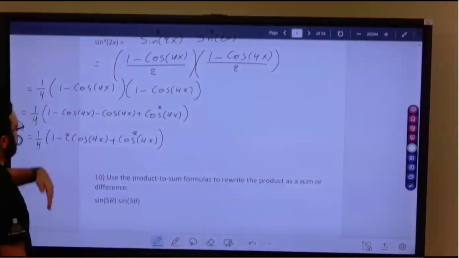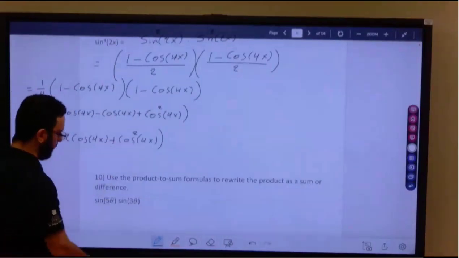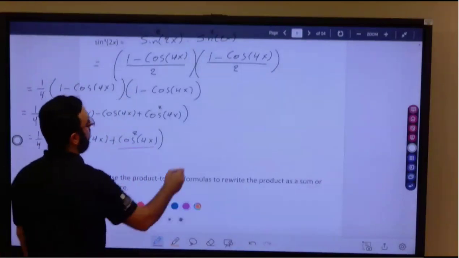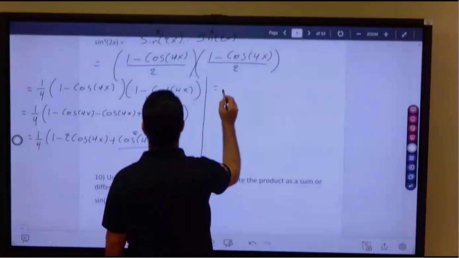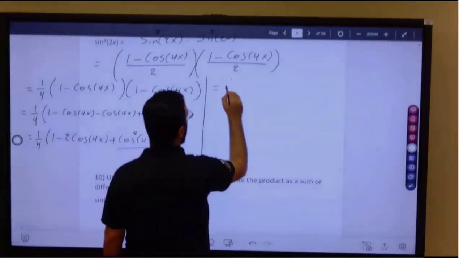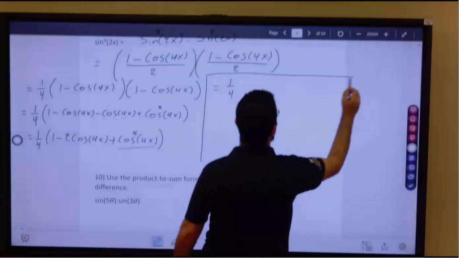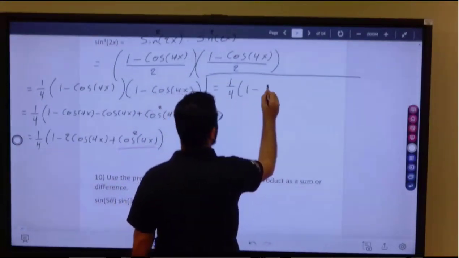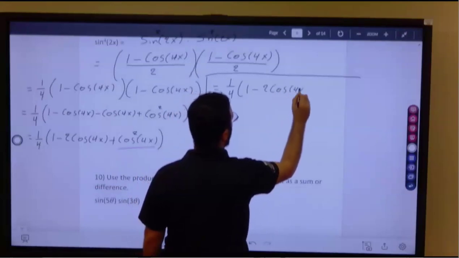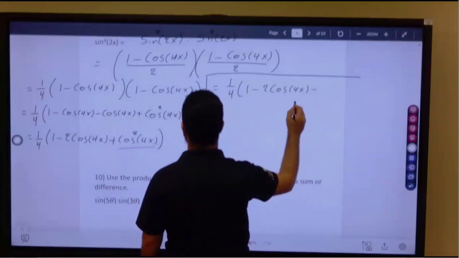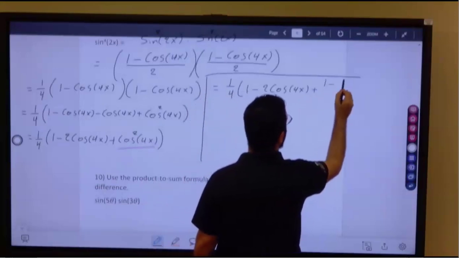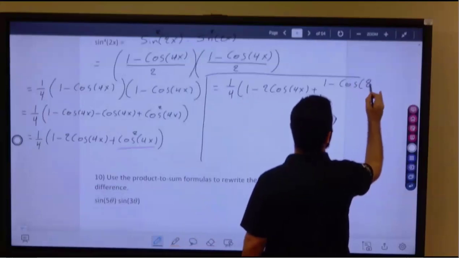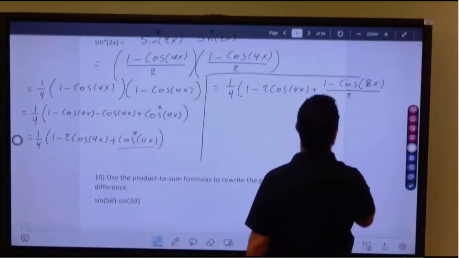And now we have to use the power formula again on this part. So it's going to be equal to 1 over 4, and here is 1 minus 2 cosine 4x plus 1 minus cosine of 2 times the angle, so it's going to be 8x, and divide by 2.